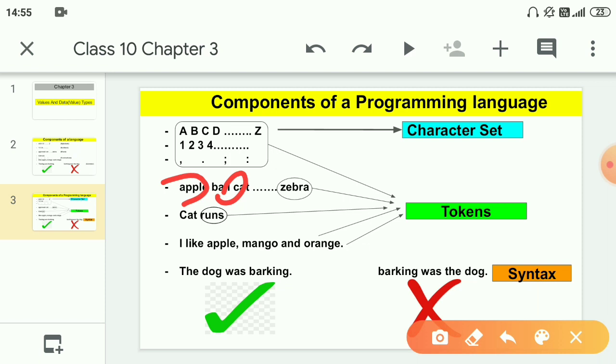This is not English, although it is like the English language. Just like apple has no meaning in Hindi, because apple is not a Hindi word, it's an English word. Similarly, apple has no meaning in terms of a programming language.